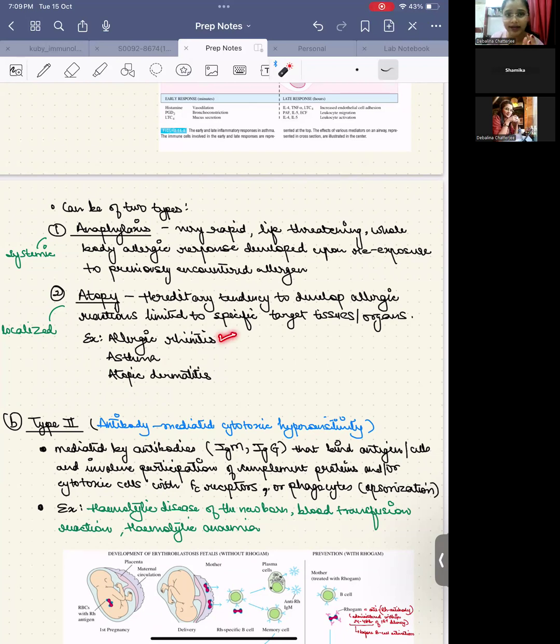There's also allergic rhinitis. Rhinitis has to do with your nasal septums. So any sort of running nose or watery eyes, any allergy that leads to those symptoms, is called allergic rhinitis. And again, atopic dermatitis, as I was saying, is related to your skin allergies.